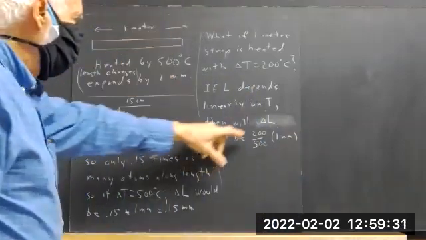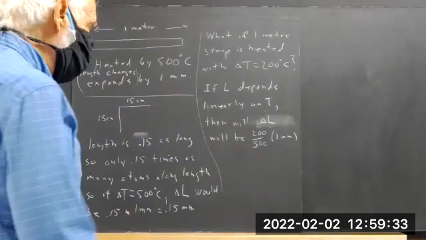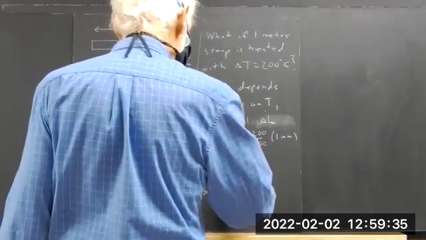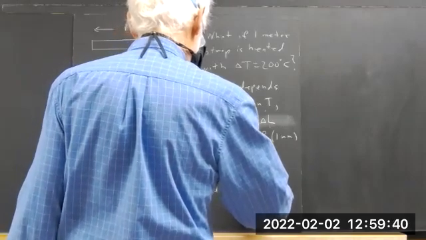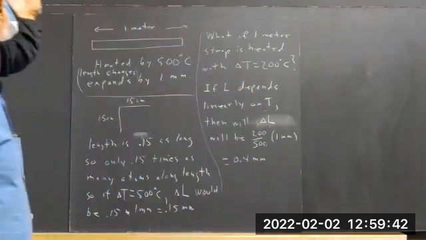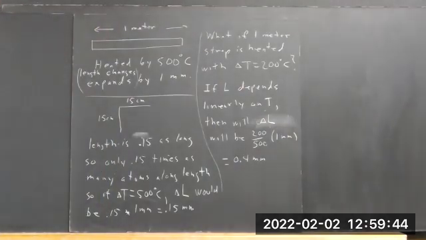Then your delta L will be 200/500 of 1 millimeter. And that's 0.4 millimeters. Okay.